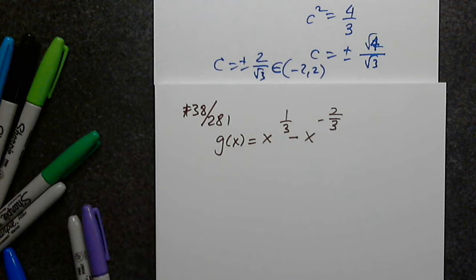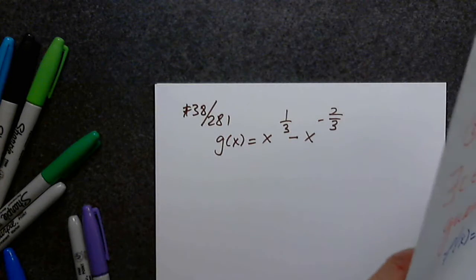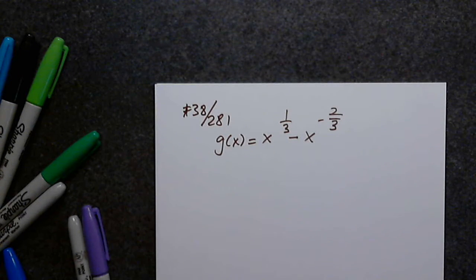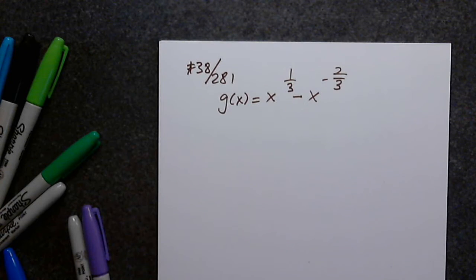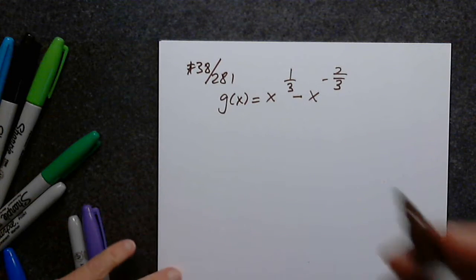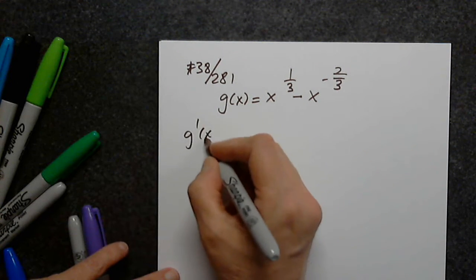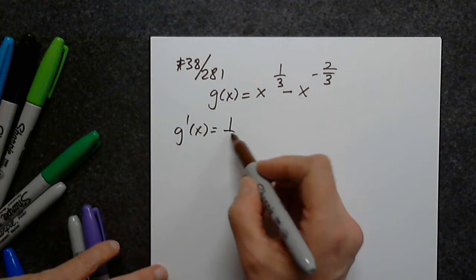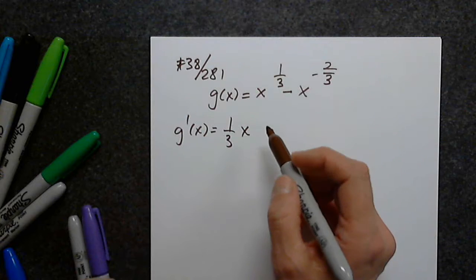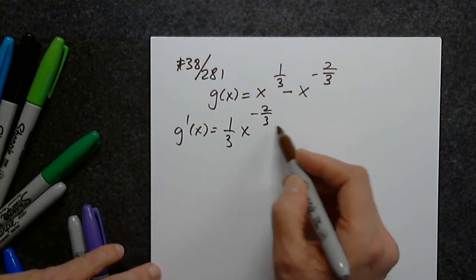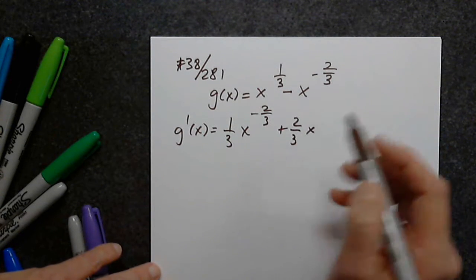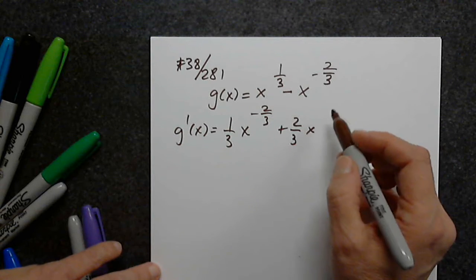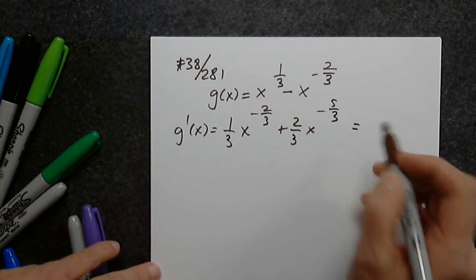Okay, do we have an answer? Did we determine g prime? 1/3 x to the negative 2/3, excellent, plus 2/3 x to the negative 5/3.